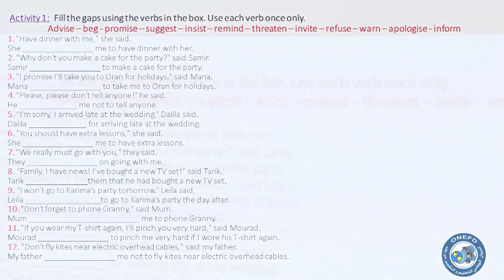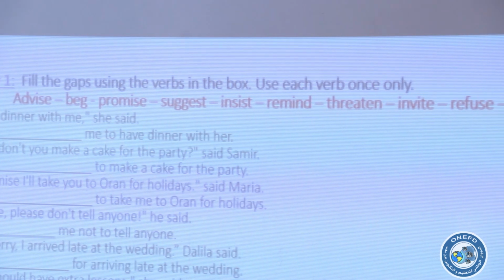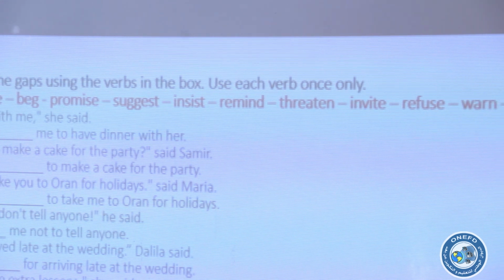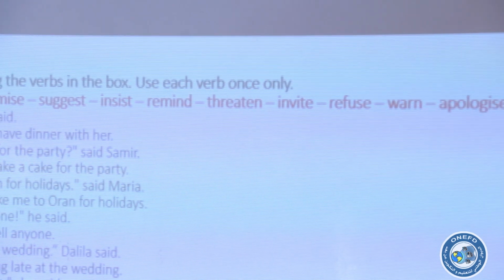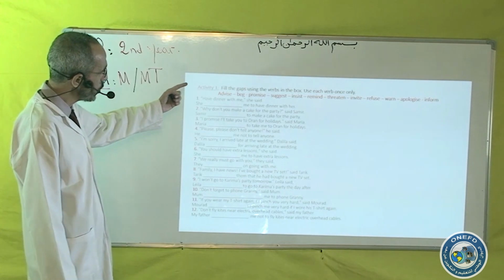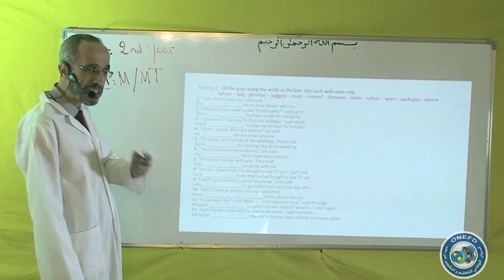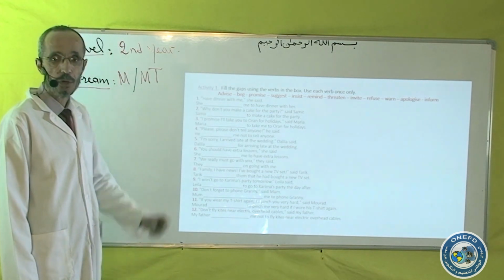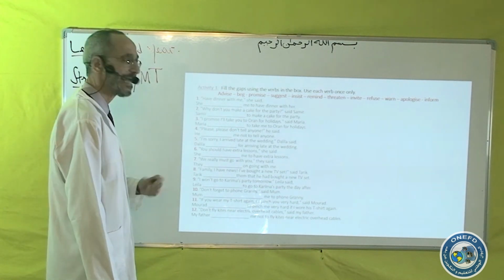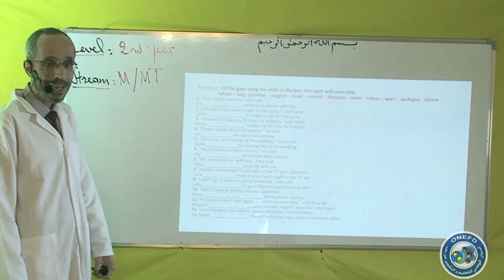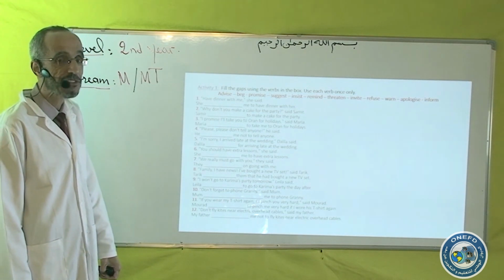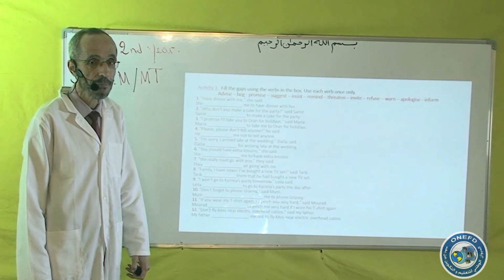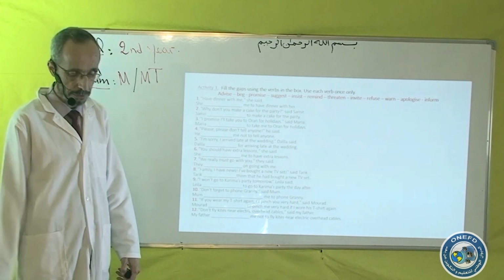We have here 12 sentences, and here we have 12 verbs. So, you have to use each verb just once. That means the number of verbs corresponds to the number of sentences. You will have 5 minutes to do this activity. So, see you after doing that.